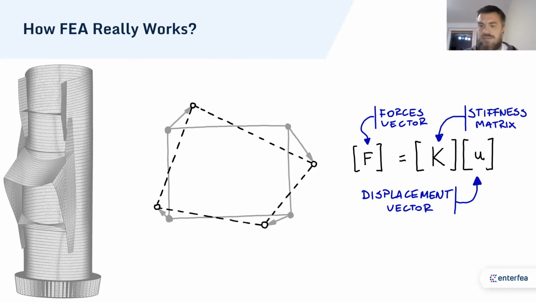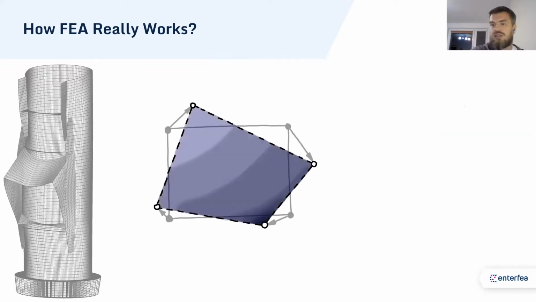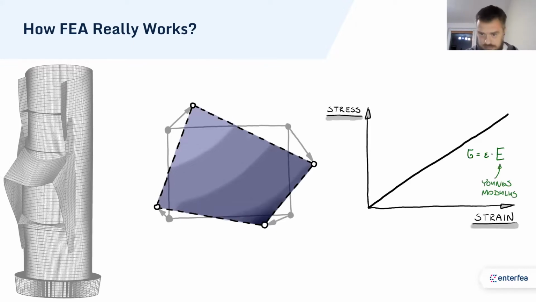What's important is that FEA calculates displacements of the nodes. If you calculate the deformation of the nodes, you will get strains.